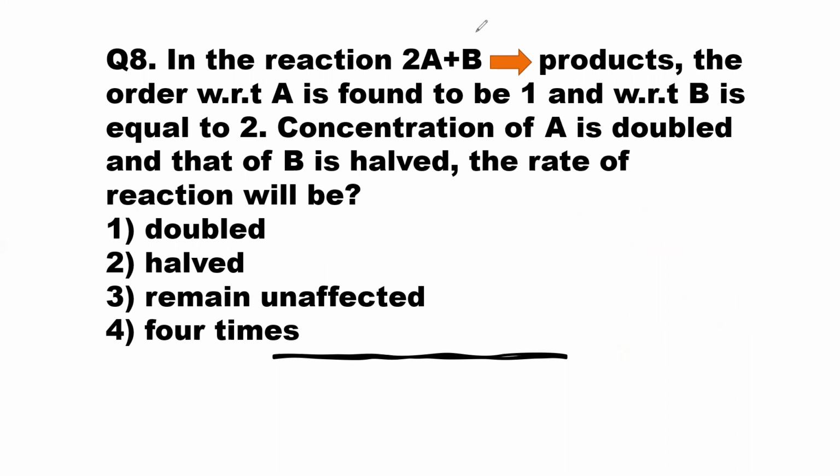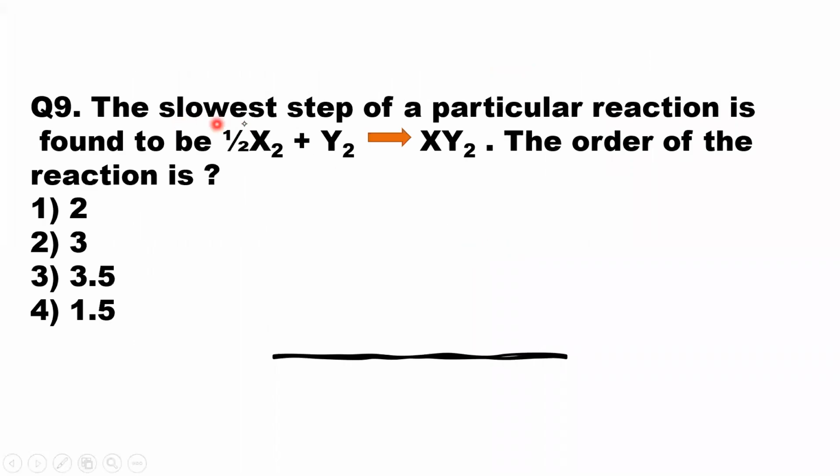Next question. The slowest step of a particular reaction is found to be half X2 plus Y2 gives XY2. The order of the reaction: half X2 plus Y2 they have given. So this becomes half and this becomes 1.